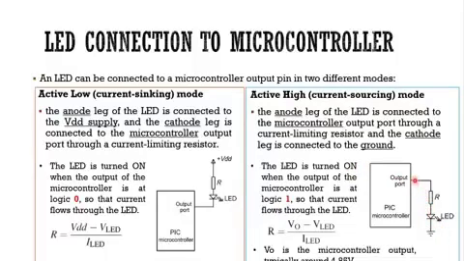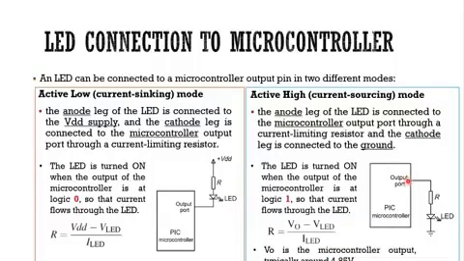Right now, the output or the source will give voltage that will flow through this current limiting resistor, and then it will turn on the LED, only if the output here is 1, or around 5 volts.